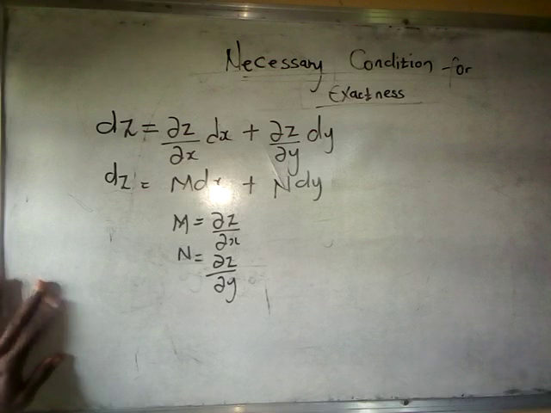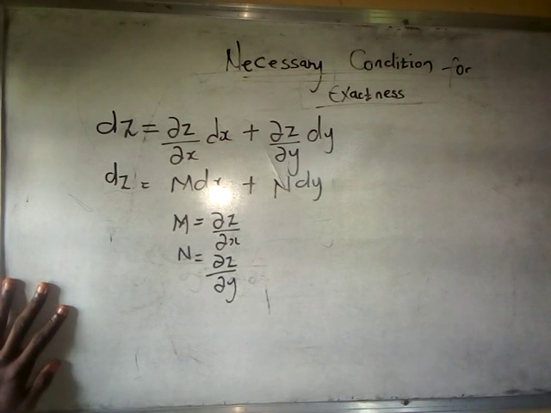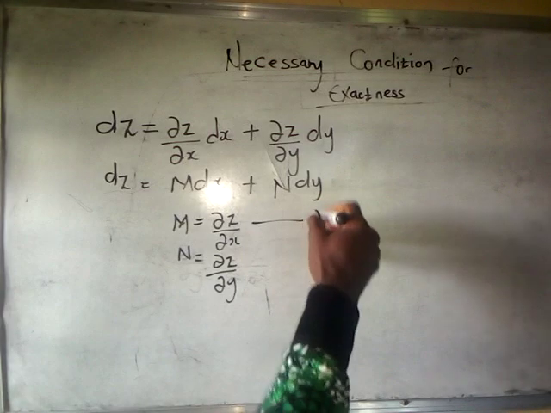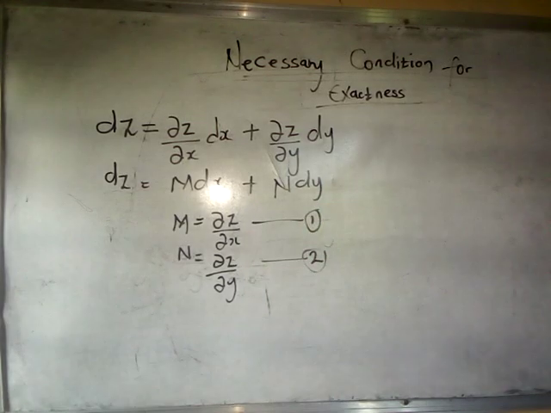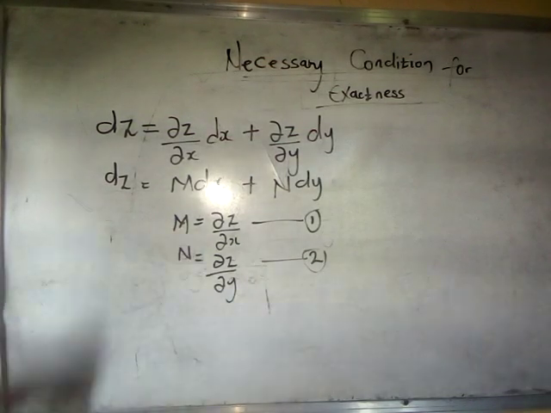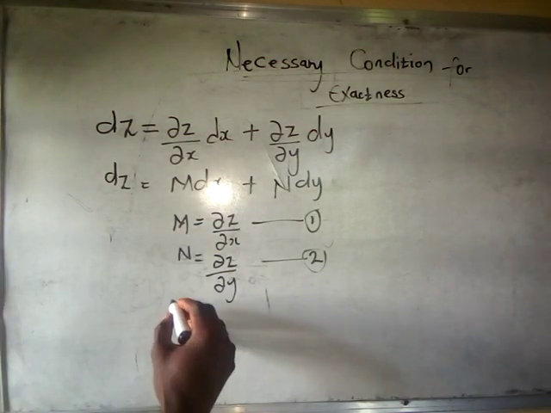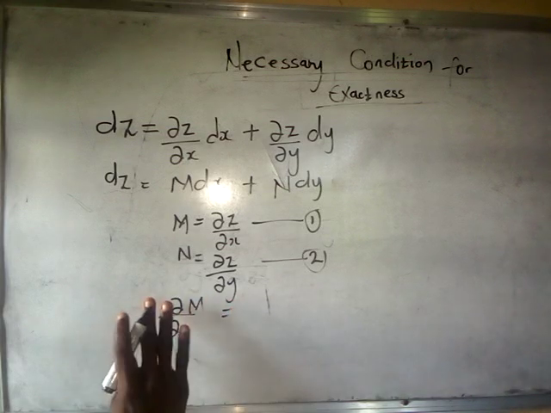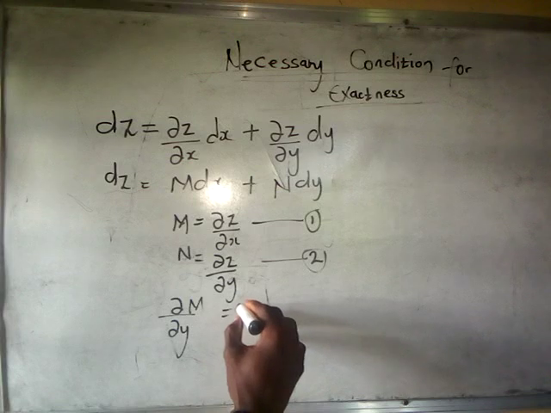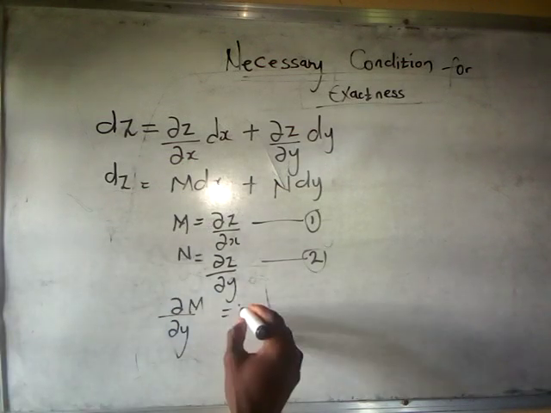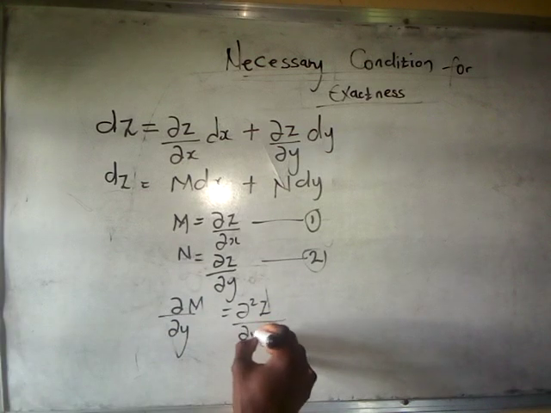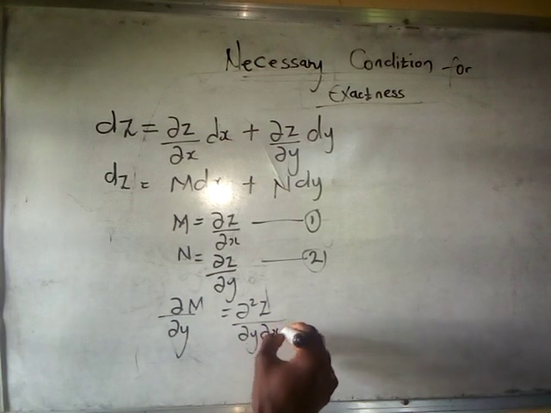Okay, if we want to know if something is continuous, let me just say this is equation 1 and this is equation 2. If I differentiate equation 1 with respect to y, I will see the same thing on the right hand side: this d times this d is d squared z, over the partial derivative of y and the partial derivative of x.